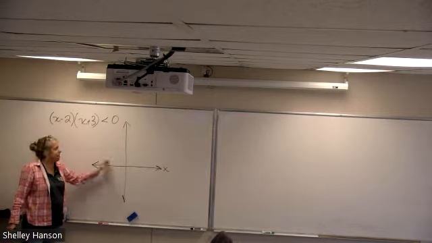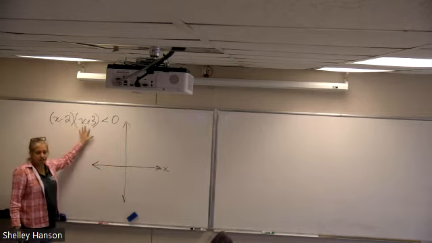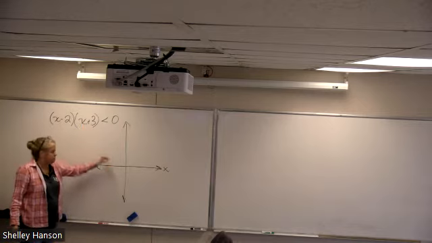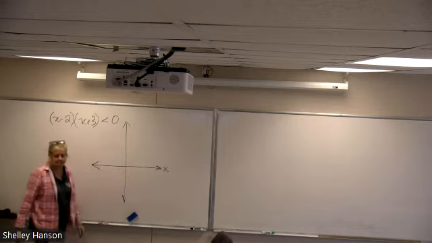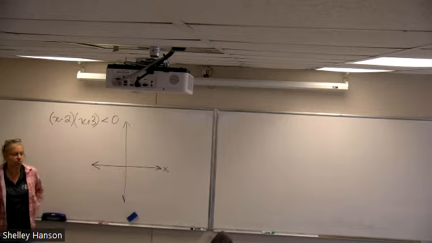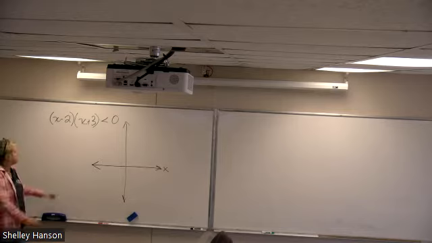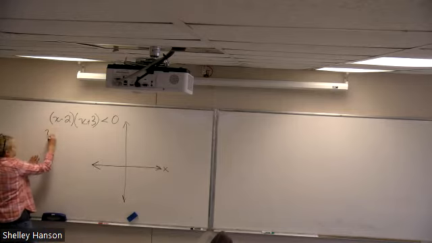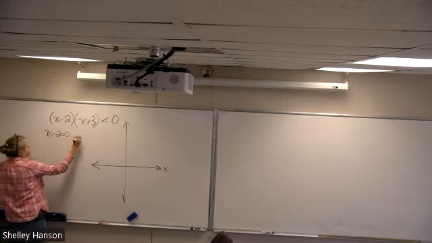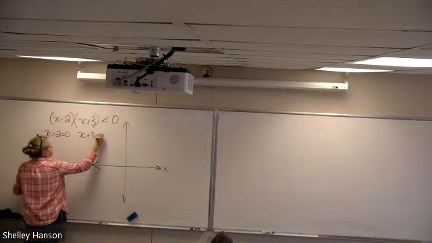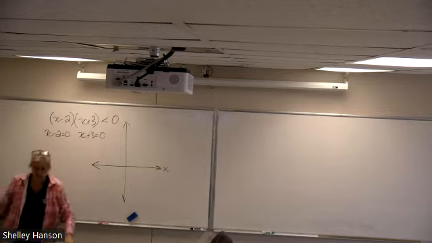So if I'm going to find the two x-intercepts that go with these factors to put on the x-axis, I just need to set each of those factors equal to 0, right? To get these x-intercepts. So x minus 2 equals 0 and x plus 3 equals 0.